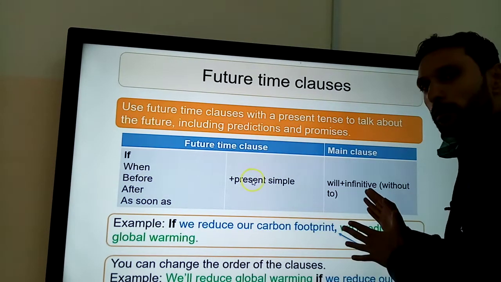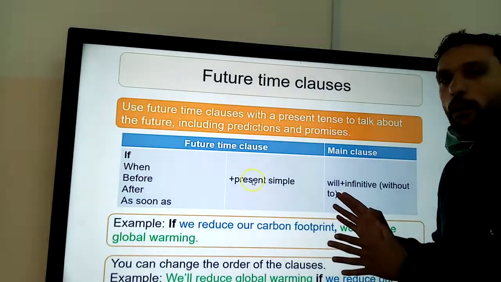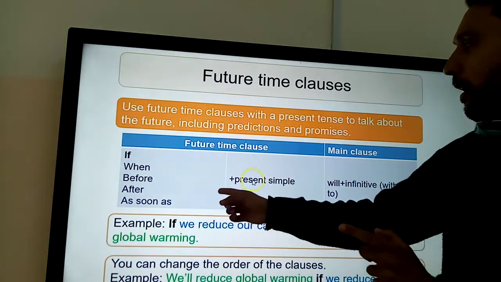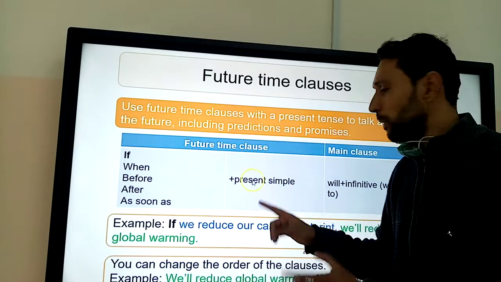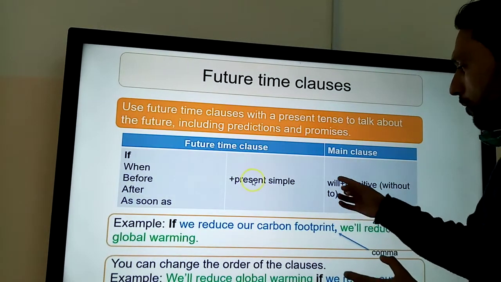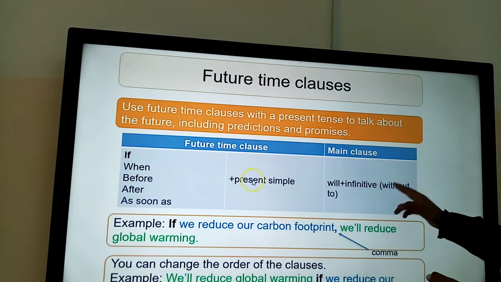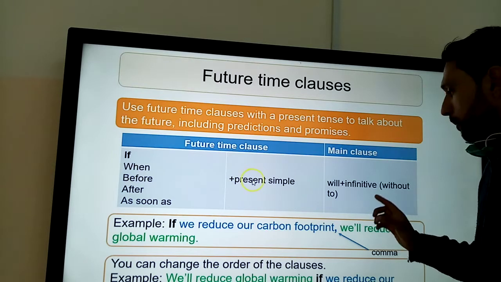Since we are dealing with two parts, in the first part we have present simple. In the second part, I should use the word will, followed by an infinitive verb without to.